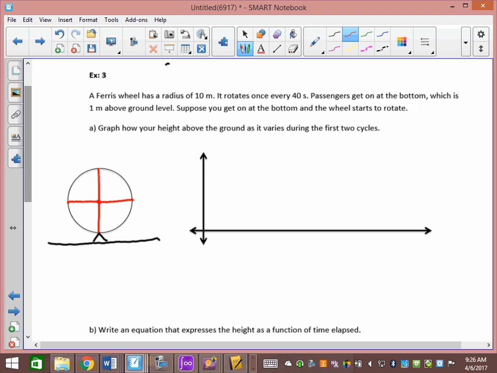Because we're going to get a point here, and a point here, and a point here, and a point here. We're going to get 4 points. Why do we need those 4 points? Because this is the minimum. This is going to give me where cos has a horizontal translation, right?